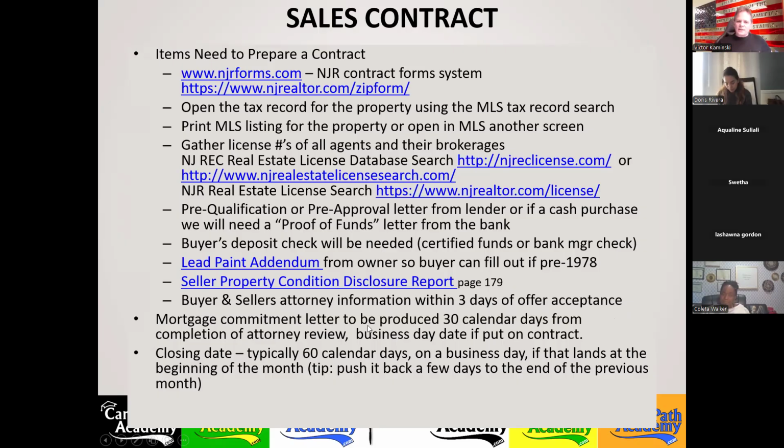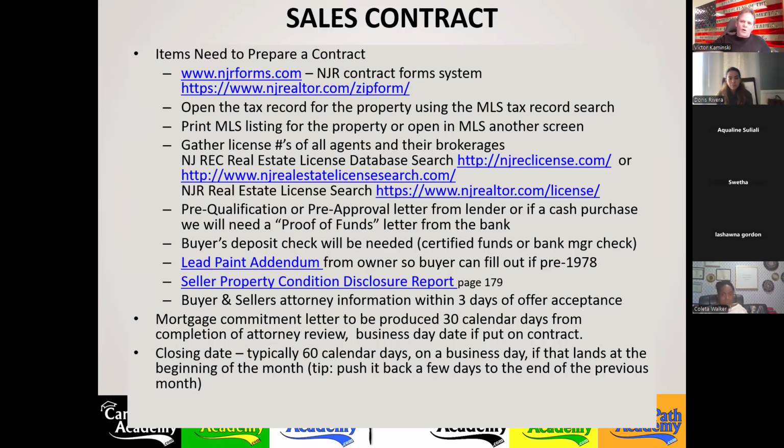The mortgage commitment letter should be produced within 30 days from the completion of attorney review. Those are business days. If you put it in the contract, make sure it lands on a business day. Closing date is typically 60 calendar days. I mean, you could close sooner, but then you're putting stress on everybody.